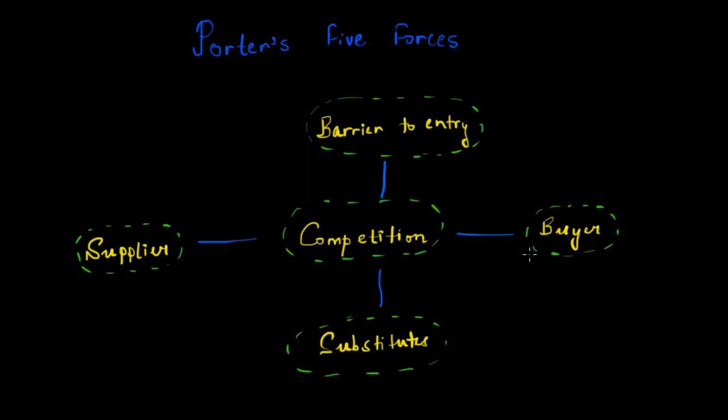If the buyer has a higher negotiating power, it means, let's say your product is not very differentiated and the buyer has various other options available, so it's very easy for the buyer to leave your product and go and buy the product of a competitor. So how powerful is the buyer in the industry? That is also an important factor which could potentially pose a challenge, and which you should consider while evaluating the industry.